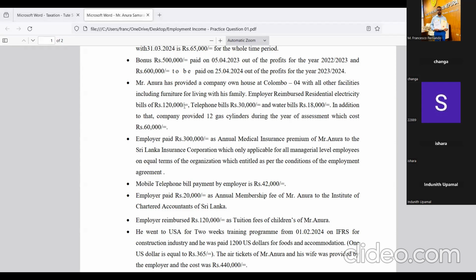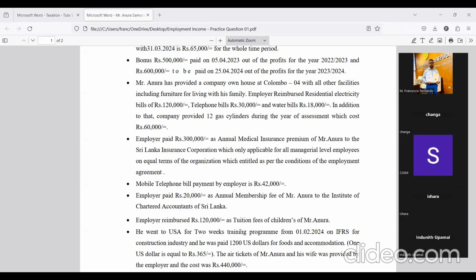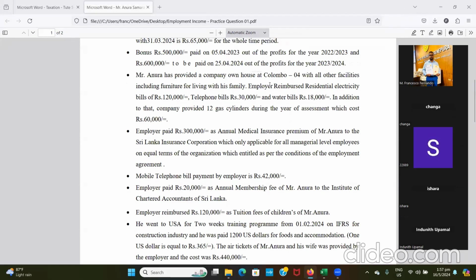In order to find the housing benefit, first of all, you must see in which area this is situated. If we see the area, where is that adjustment? Here, a house in Colombo 4.